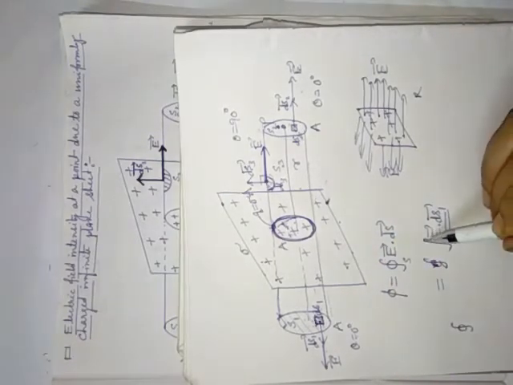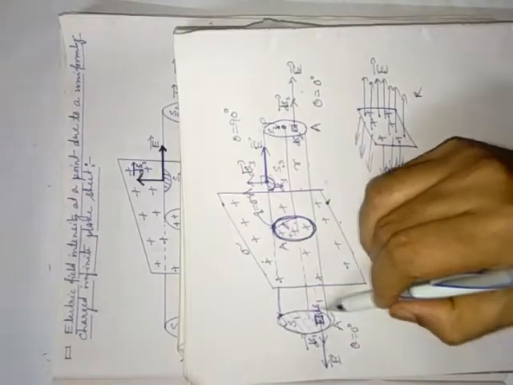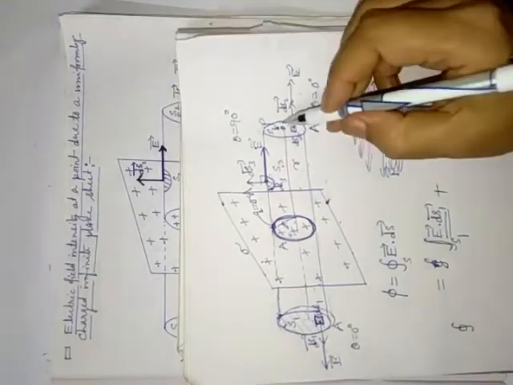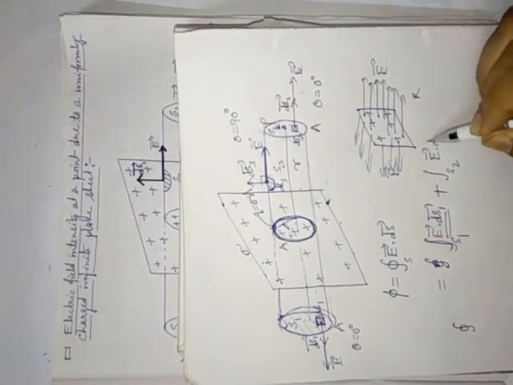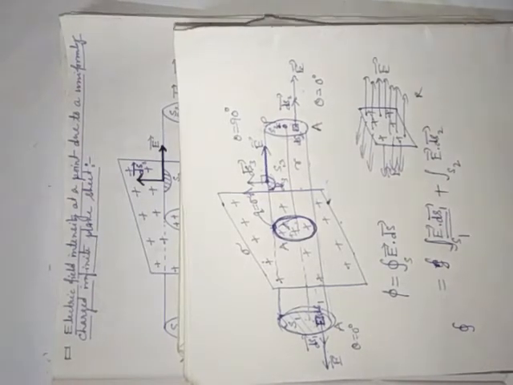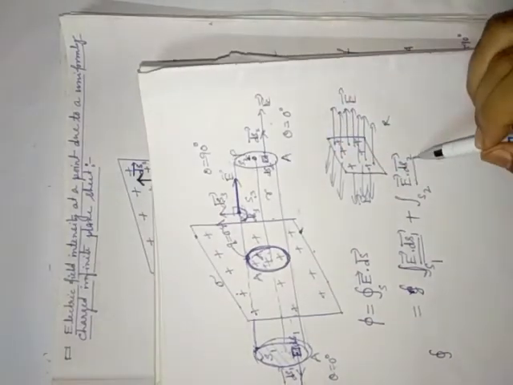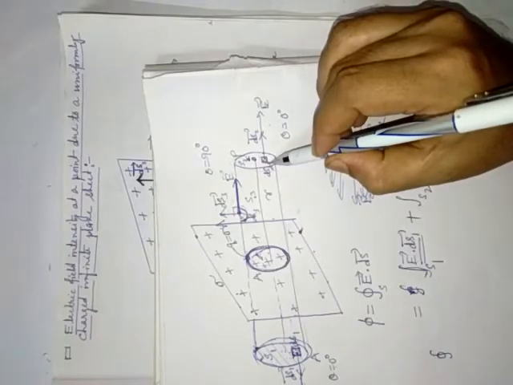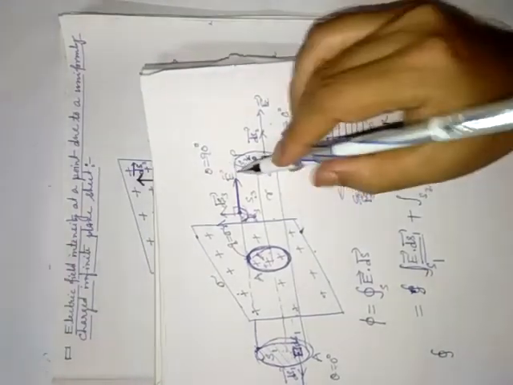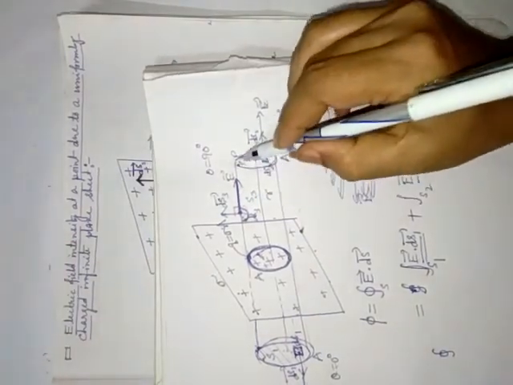But when you put the integration, that means flux through the whole S1. Similarly, flux through the whole S2 is the integral of E vector dot ds2, because E vector dot ds2 means flux through only this portion ds2, and integration means flux through the whole S2.